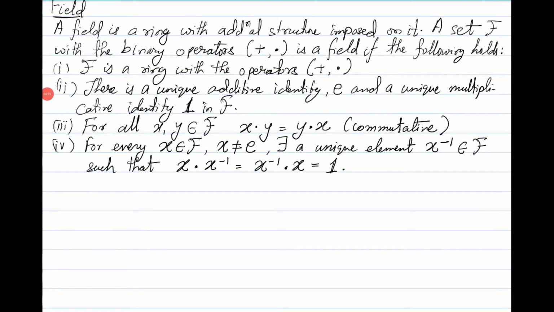So if you summarize what it essentially means: if you have a set along with two binary operators defined on the set such that it satisfies the closure property, then it satisfies the associativity property, it has a unique additive identity element 0, it has a unique multiplicative identity element 1, and it satisfies distributivity.